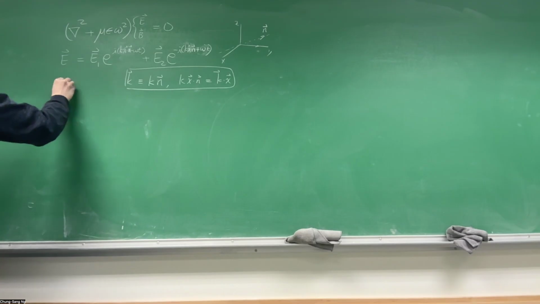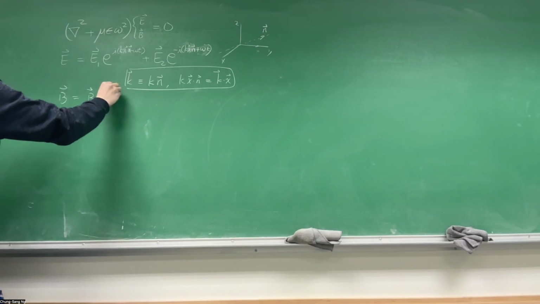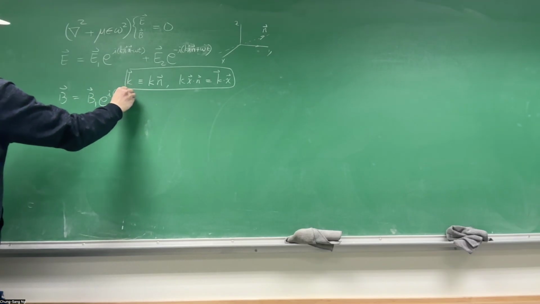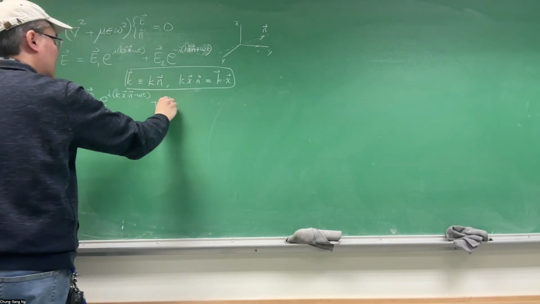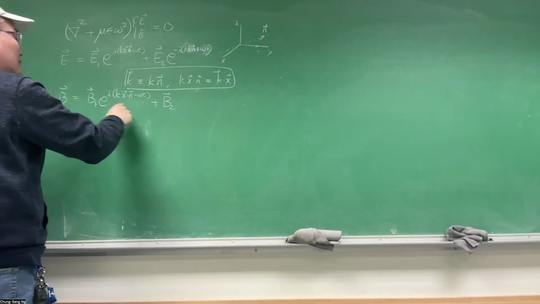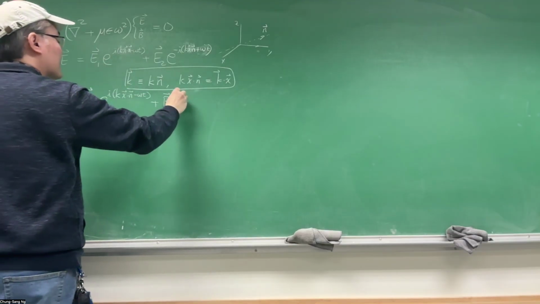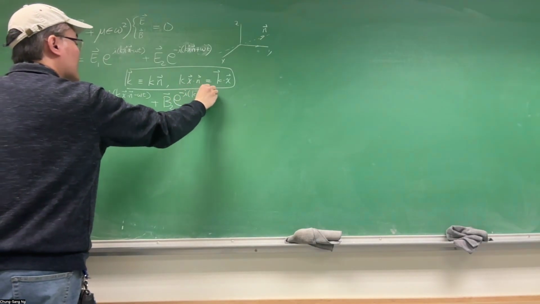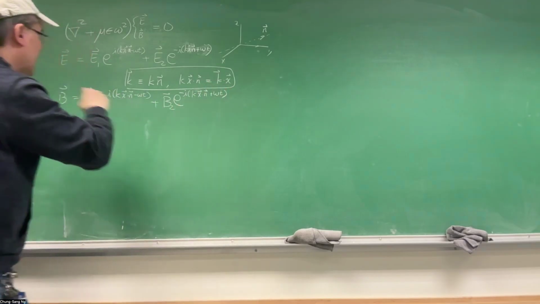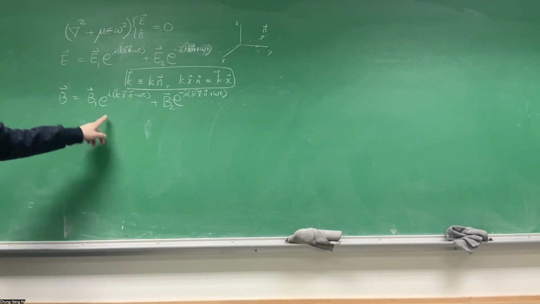Likewise, the magnetic field satisfies the same equation, so we have similar solutions with magnitudes B sub 1, B sub 2, but they are actually related to E sub 1, E sub 2, and we'll also get that in a moment. That is trivial because it satisfies the same equation, so the formula should be the same.